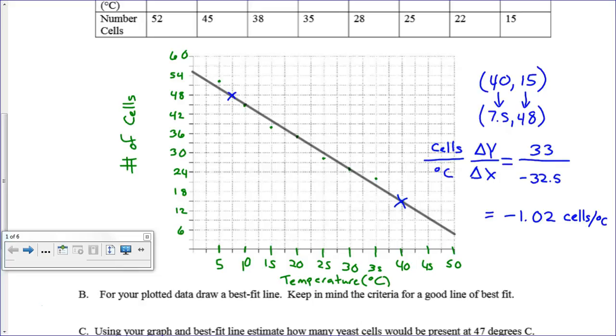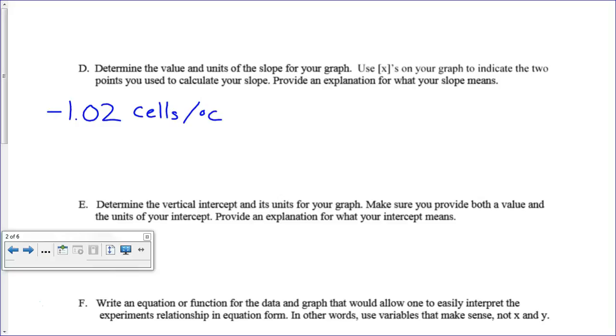Here I'll go back to the other page and I'll write out my interpretation of what this slope means. So generally speaking, when you see cells per degree Celsius, you could read that as negative 1.02 cells per 1 degree Celsius. And that might help you think about what this would mean.